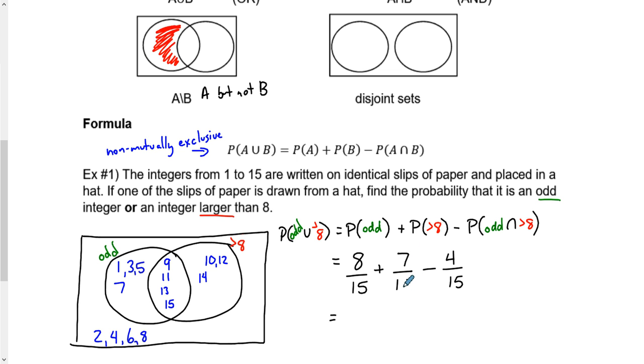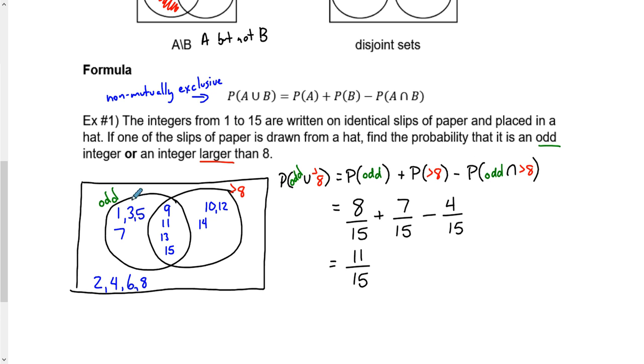Just having way too much fun. 7 out of 15. I'm not sure why I wrote 7 out of 8. I am extremely sorry. But either way, since all of our denominators are the same now, 8 plus 7 is 15. Subtract 4 is 11 out of 15. That would be the probability of a number being odd or greater than 8.